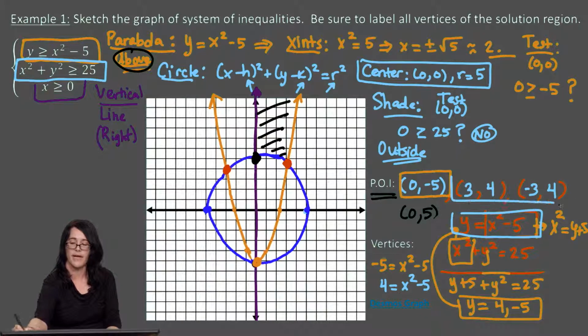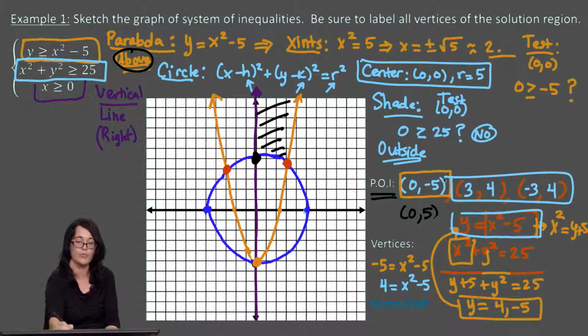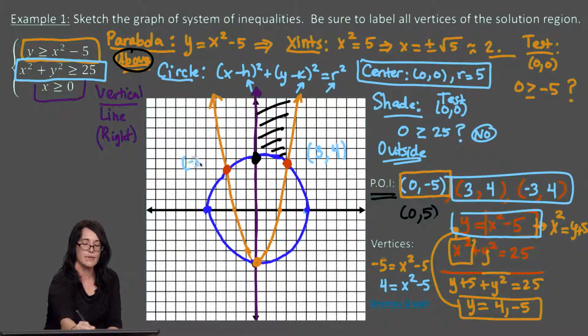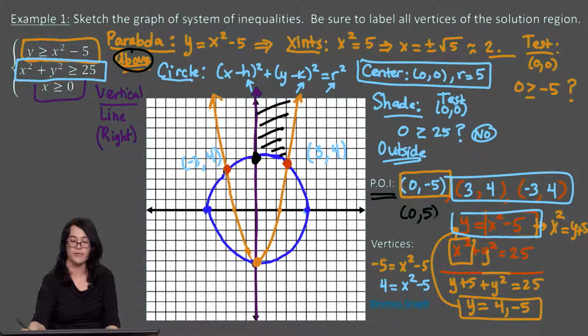Well, that's very telling because we were wondering what those two locations were. Now we know when x is 3, y is 4, and when x is negative 3, y is 4. Okay, so we've now found the two points of intersection for the parabola and the circle that were in quadrants 1 and 2. Well, that's nice because we can now finish our final answer.